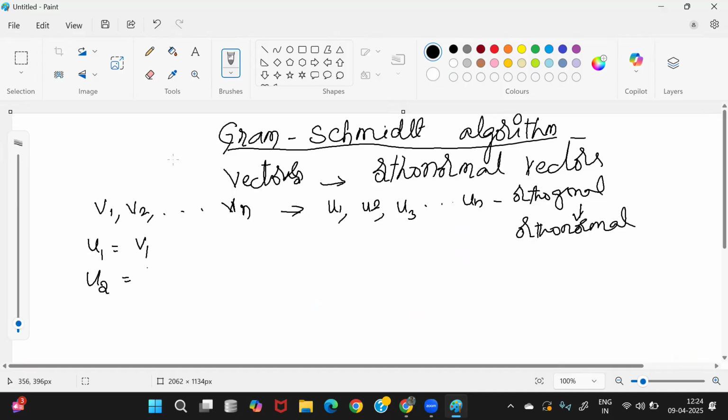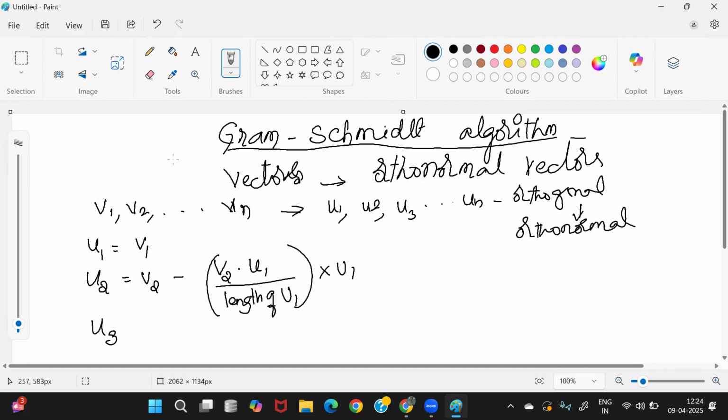u2 is equal to v2 minus the dot product of v2 with u1 by length of vector u1. Now this is a scalar times vector u1.